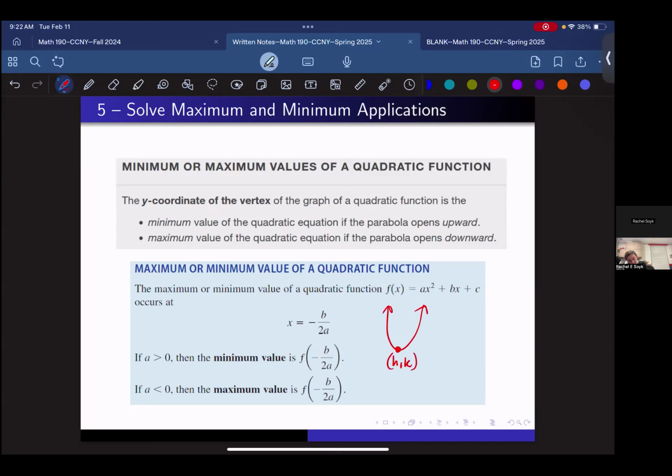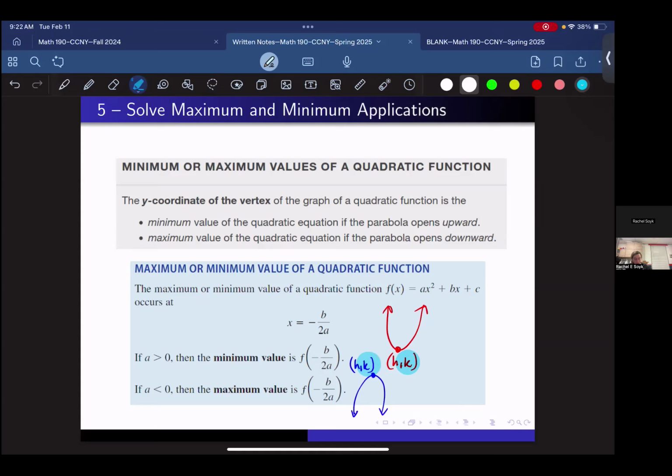At specifically, we really like to emphasize at that y value because that gives us that absolute minimum. Whereas if our a is negative, then our parabola is now upside down, and we're going to have a maximum at that vertex, again, specifically at that y coordinate, which is that k value.